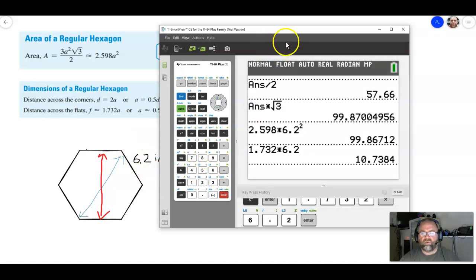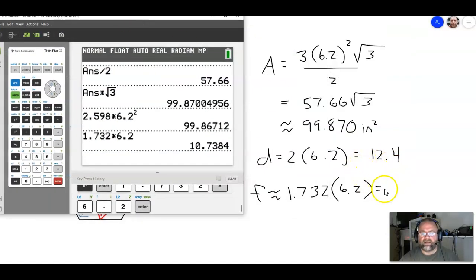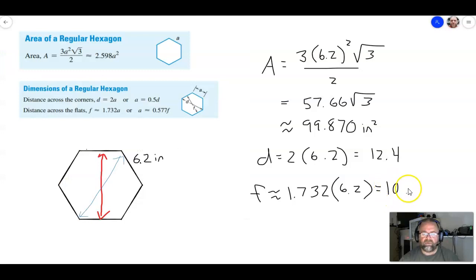I get 10.738 if we round to 3 decimal places. And remember, these squiggly equal signs over here mean that this is just an approximate value for that flat.